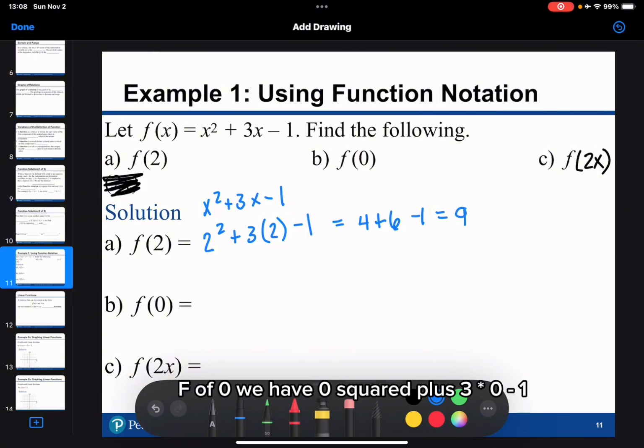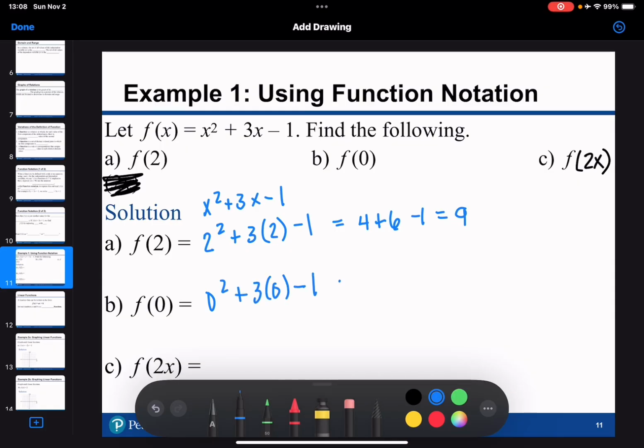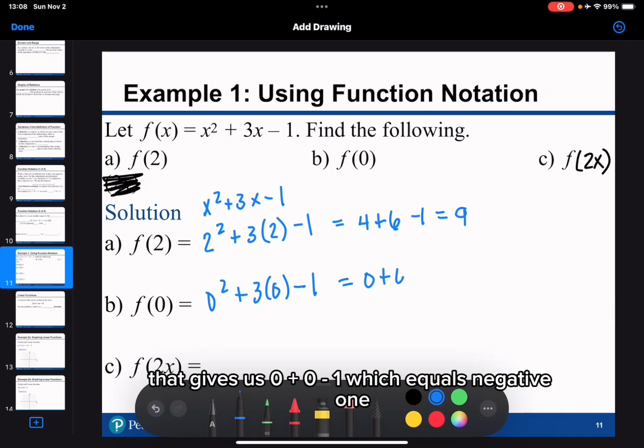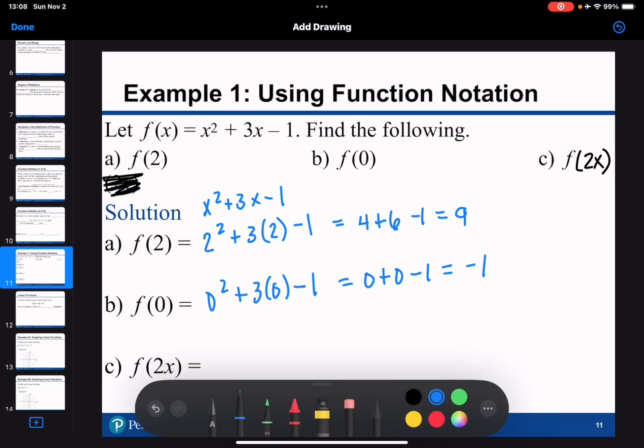F of 0, we have 0 squared plus 3 times 0 minus 1. That gives us 0 plus 0 minus 1, which equals negative 1. And f of 2x, so we have 2x raised to the second power plus 3 times 2x minus 1.